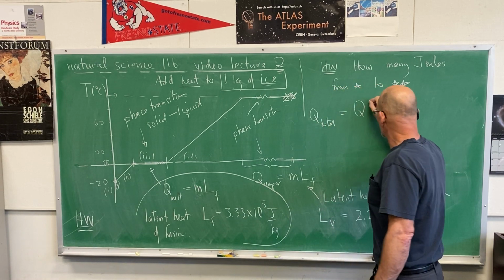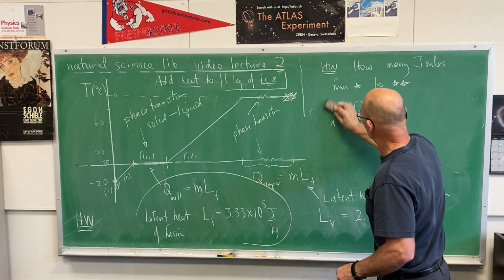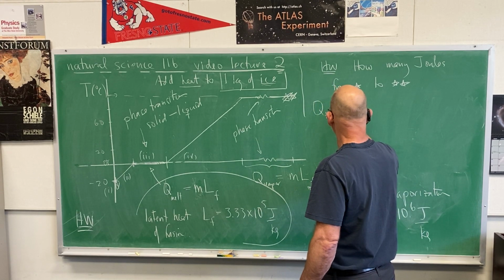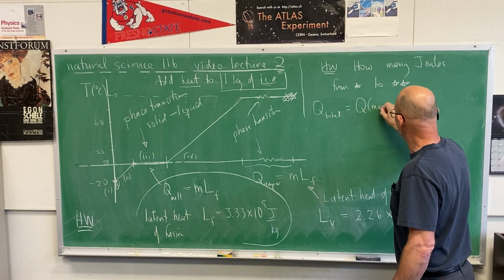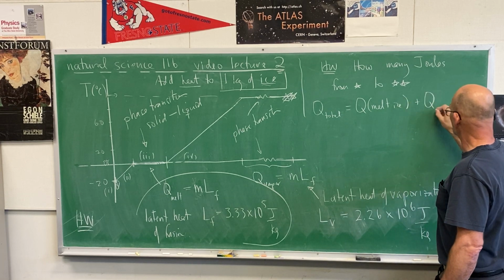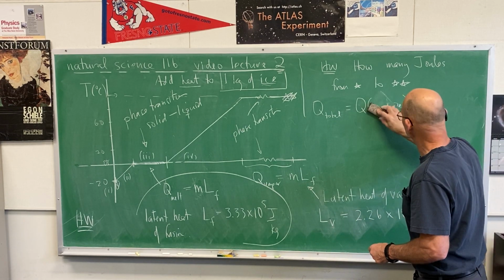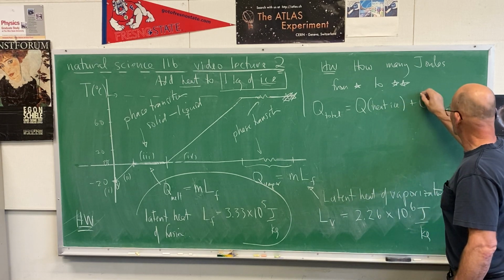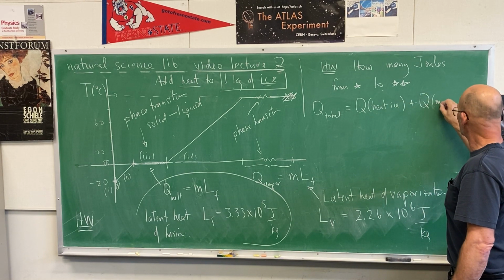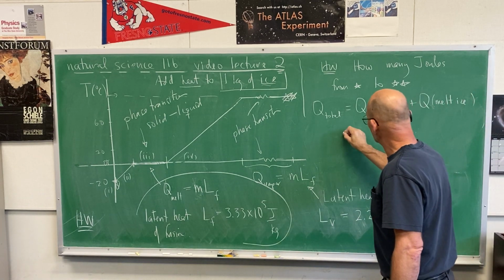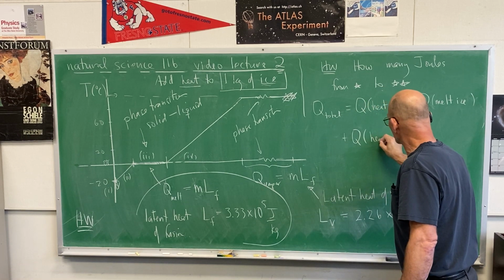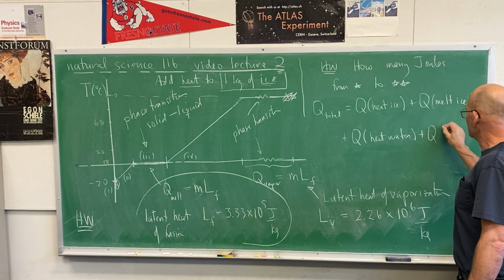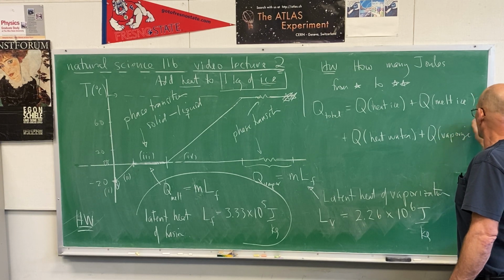Q total equals Q of heat the ice, plus Q of melt the ice, plus Q of heat the water, plus Q of vaporize the water.